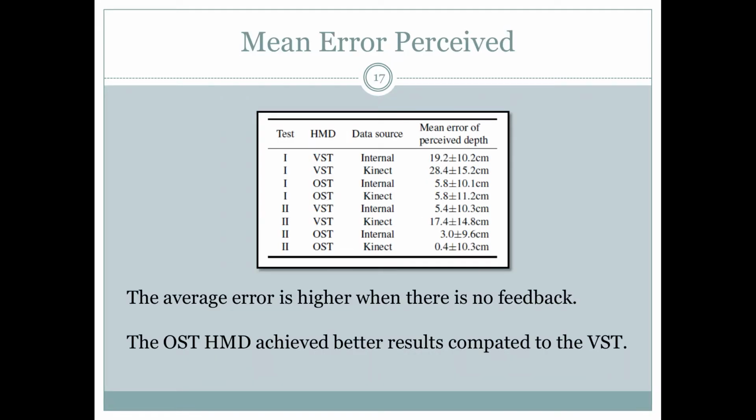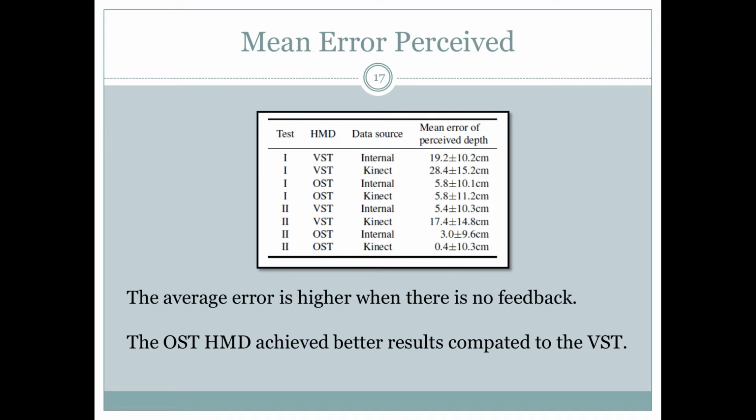This is the table of the mean error perceived. We can see that in the first test, in the first experiment, the error of the depth for the video see-through device is very high. Internally, it has been registered to be around 20 centimeters.